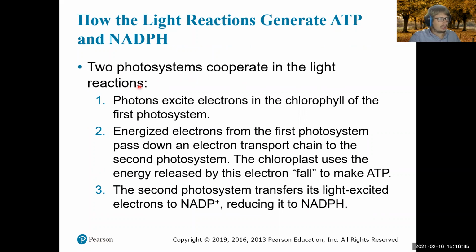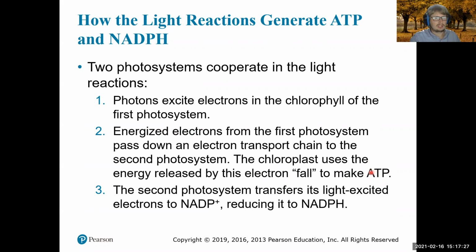The photons enter that photosystem and interact with the chlorophyll and the electrons on that chlorophyll. The photons excite the electron in that first photosystem. That energized electron will then travel through several different proteins, and this is called the electron transport chain. As that electron travels through those proteins, it uses the energy being released as it moves back down to ground state to make ATP.